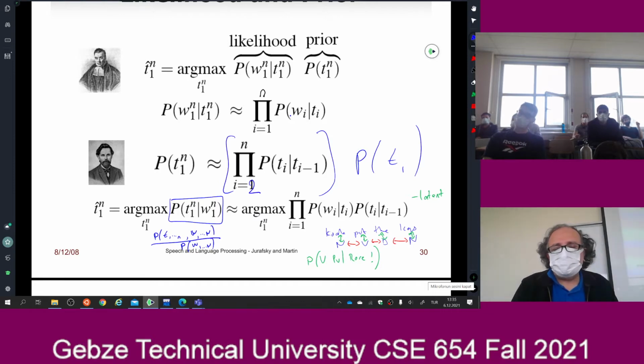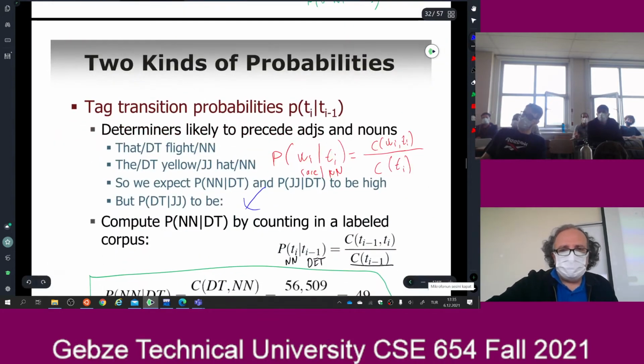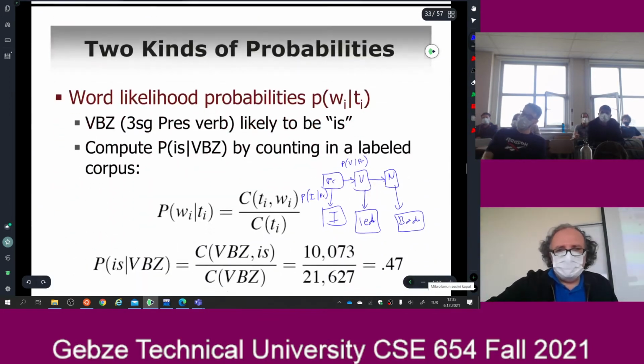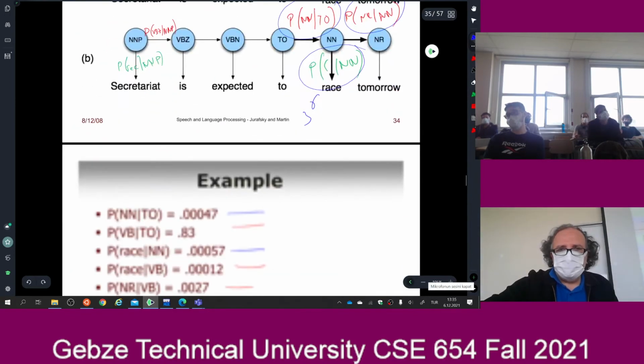The hidden Markov model says that if you calculate these transition probabilities and these observation probabilities, you're going to give me a very good approximation for the original problem. That's what we did, and we talked about the examples, and we moved on.